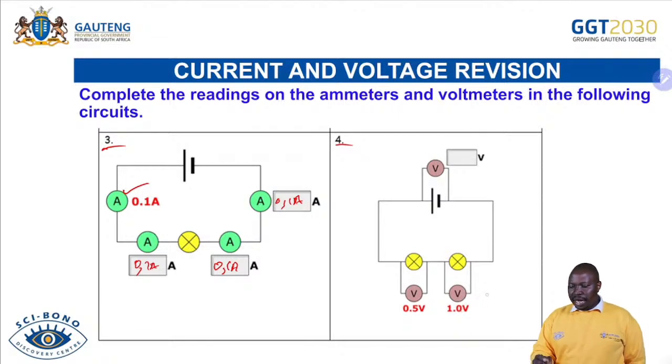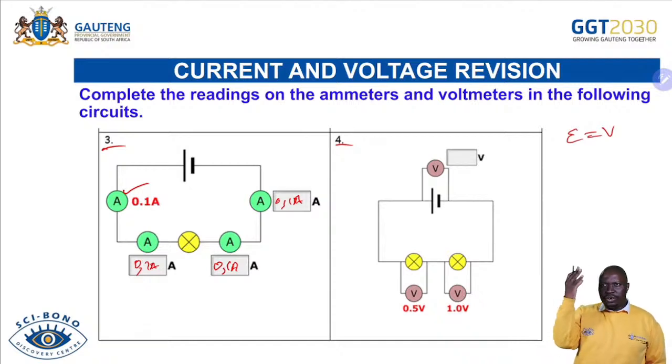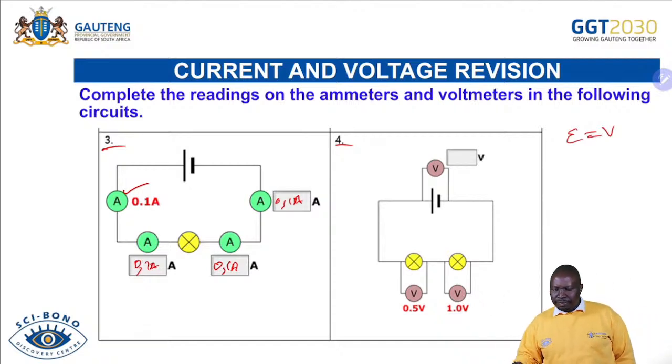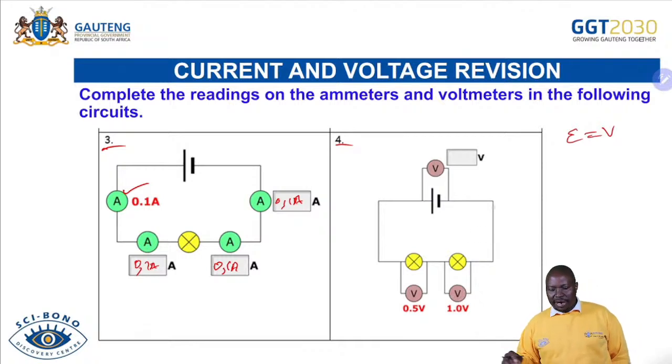Now, remember what we said in terms of the potential difference. Because there is no internal resistance, the EMF is the same as the potential difference. Always have that in your mind: we don't have internal resistance, which means the potential difference is the same as our EMF.